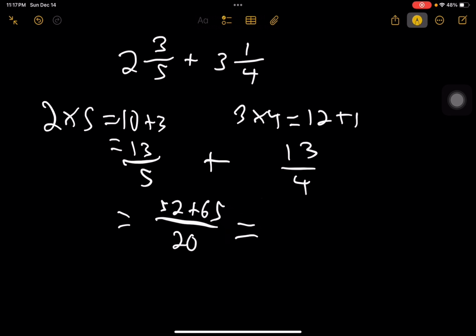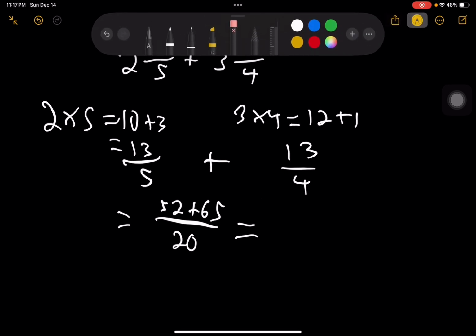Now let's add these 2 together. 52 plus 65 is going to be 118. What happened to my pencil here? 118 over 20. And now that we have 118 over 20, we must simplify.